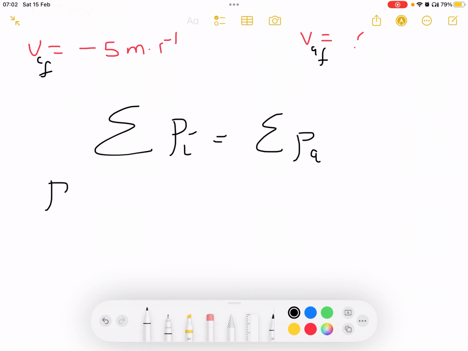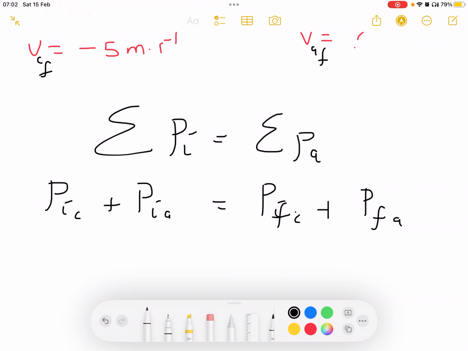This means that P initial of the car plus P initial of the ambulance will be equal to P final of the car plus P final of the ambulance.